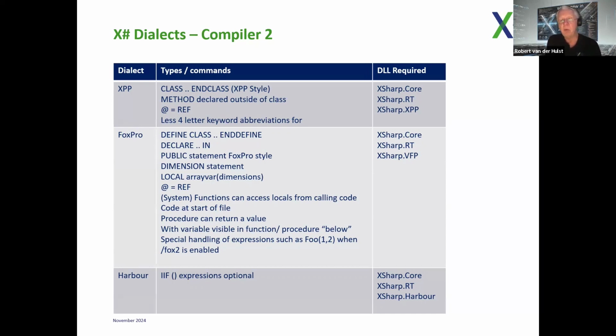Also, if you have WITH variables, so you do WITH and ENDWITH, then the variable itself in the core language is only visible within the scope where it's declared. In FoxPro, you can call a function from within the WITH and ENDWITH, and then access the property of the WITH variable. So we do a similar trick like we do for the locals.